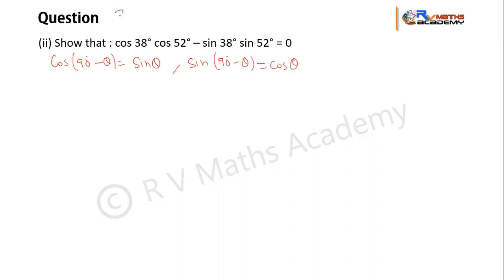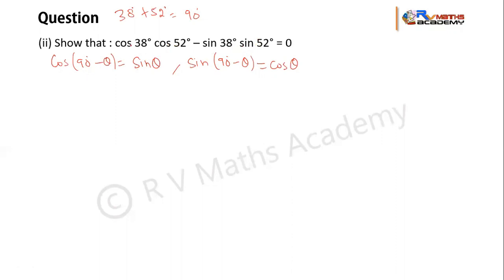Now here 38 degree and 52 degree, if I add them, I will get 90 degree. It means these two angles are complementary. Similarly here 38 and 52, if I add them, they make a sum of 90 degree. It means they are complementary angles.